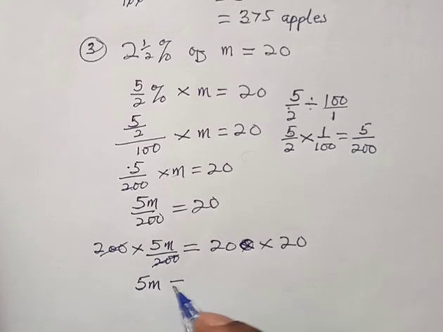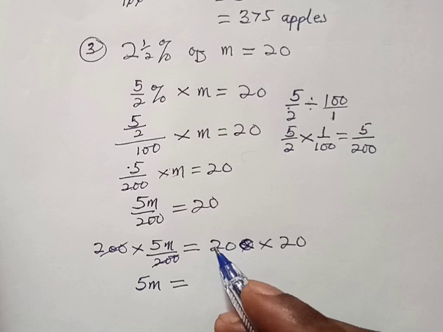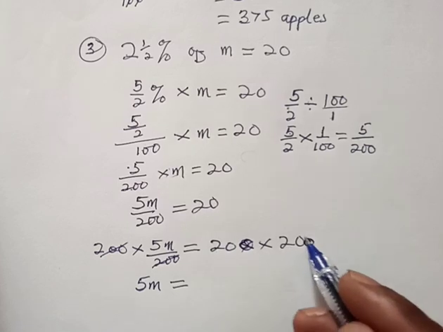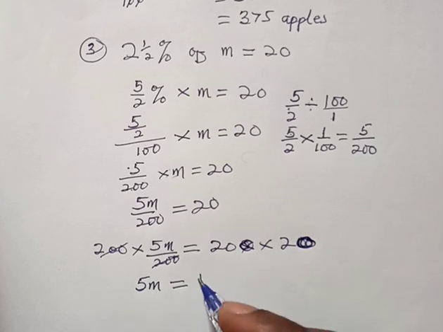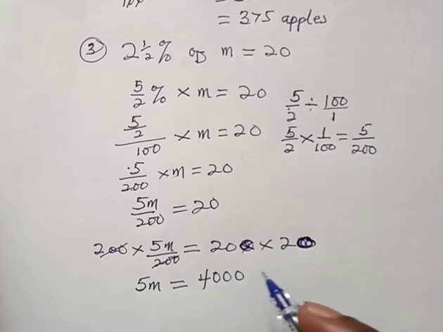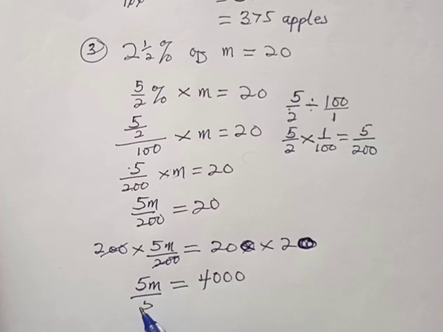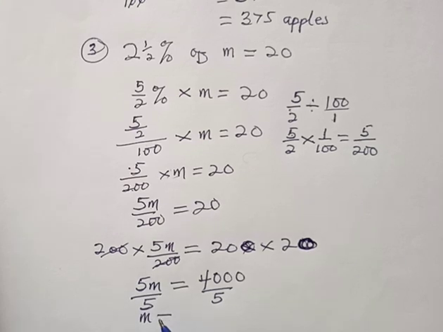5m, which is equal to 20 times 200, that gives me what? 4,000. After that, you can divide both sides by 5. Good. So my m becomes what?